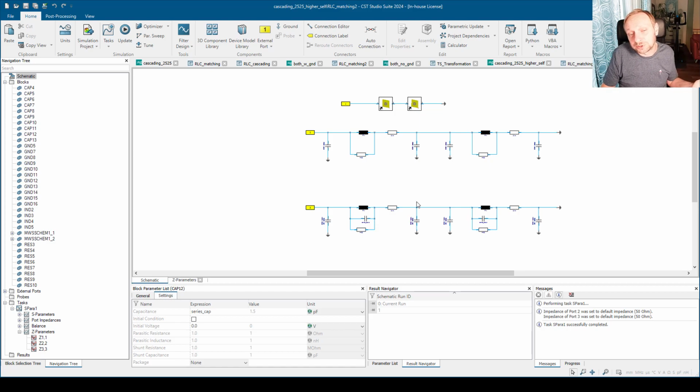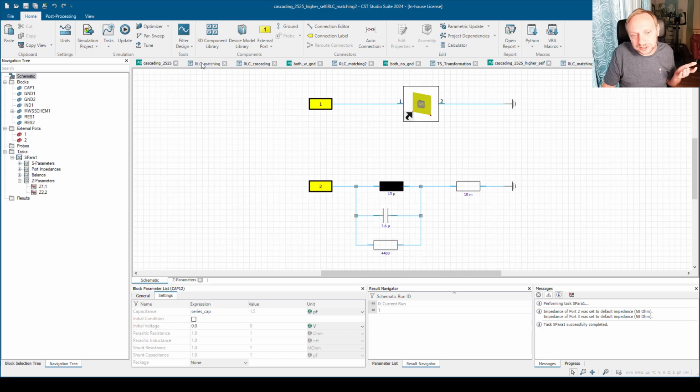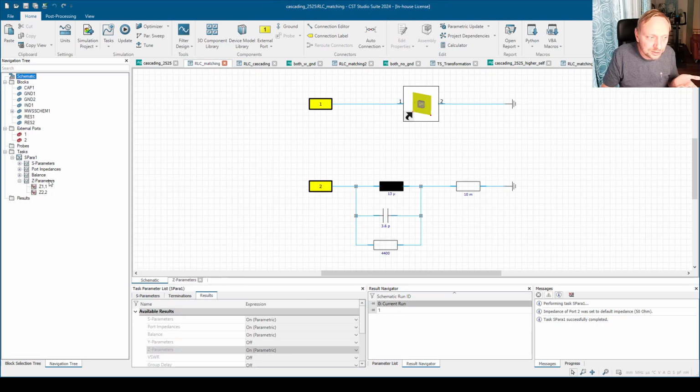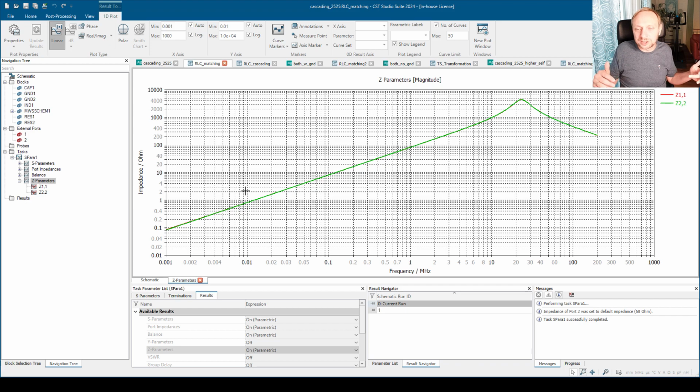And sometimes it's just not possible to see it, like we had in this example. You are not able to see this mistake just by looking at the Z11 of one component. They were the same simply because you can do this transformation of series to parallel capacitance. So be careful what you're doing with the Touchstone file, but do trust that they are handled right on the circuit. So far so good.